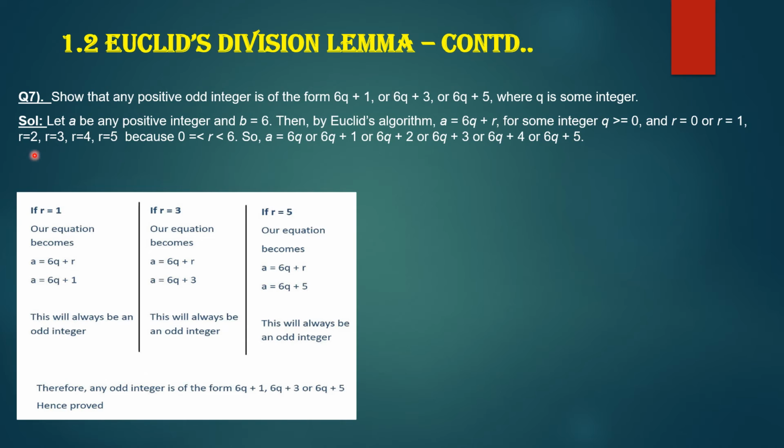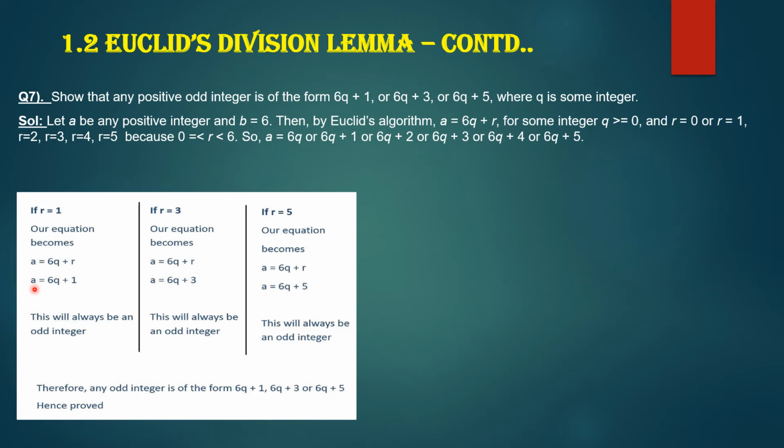So let's do one thing. In the screenshot below, you can see 3 values of r being taken as per the query: r equal to 1, 3, and 5. So the moment r becomes 1, 3, or 5, the value of a will be 6q plus 1, 6q plus 3, and 6q plus 5.